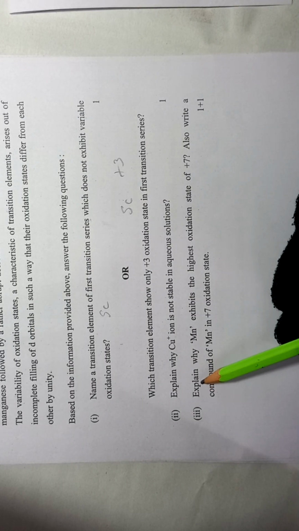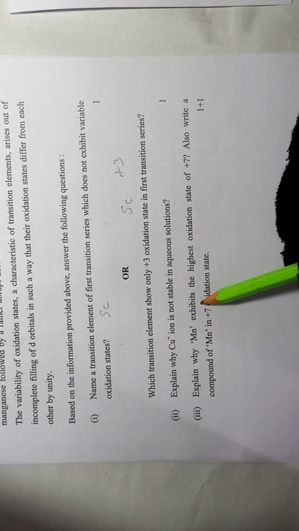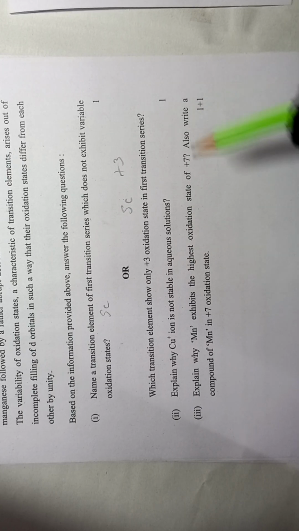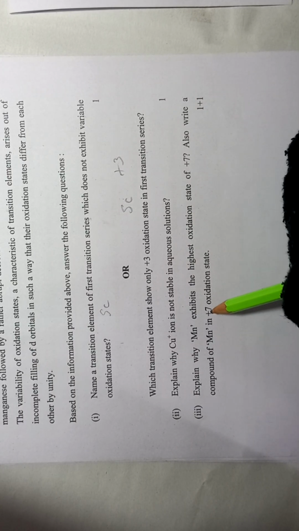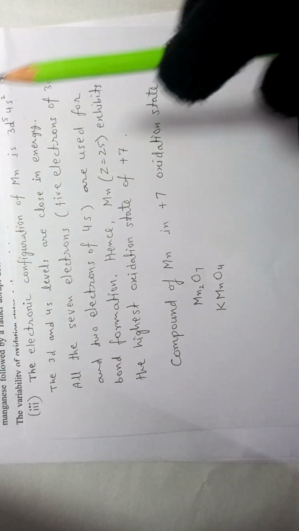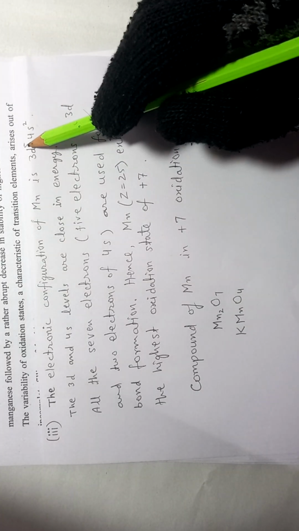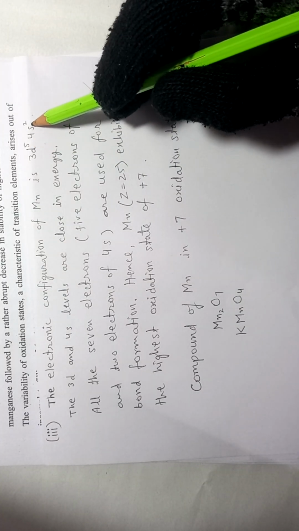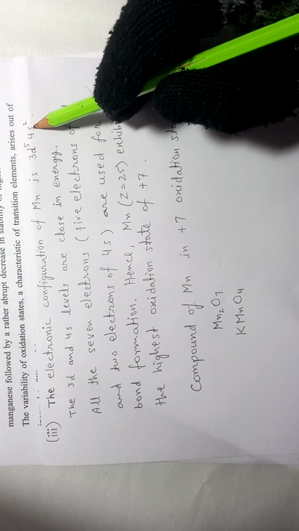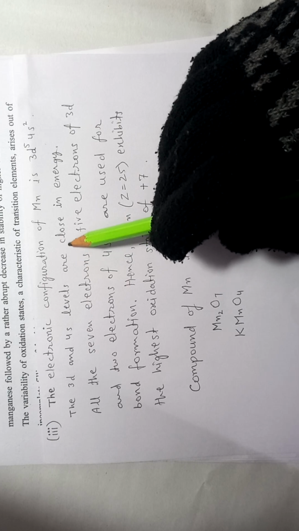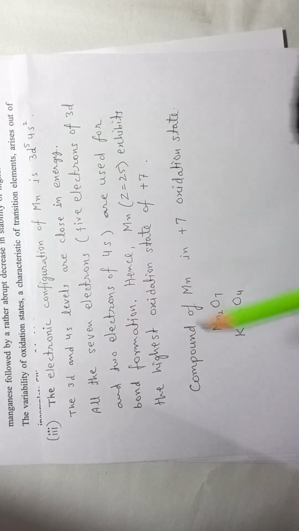Now the next part is: explain why manganese exhibits the highest oxidation state of +7. Also write a compound of manganese in +7 oxidation state. So the answer is based on the electronic configuration of manganese, students. It is 3d5 4s2. The atomic number is 25 for manganese. The 3d and 4s levels are close in energy.